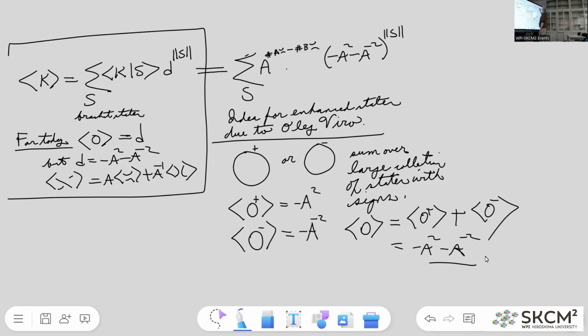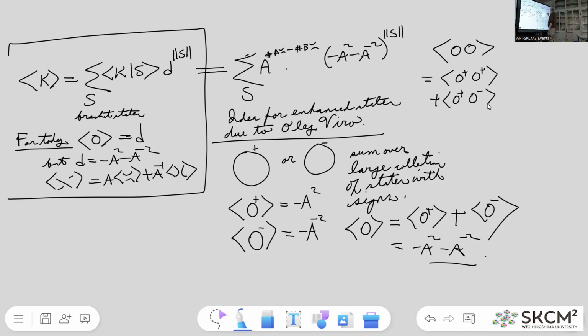Now notice how this will work. What will happen if I had two states? Then I'm going to get the sum of that, of course, is going to be, let's call this alpha.